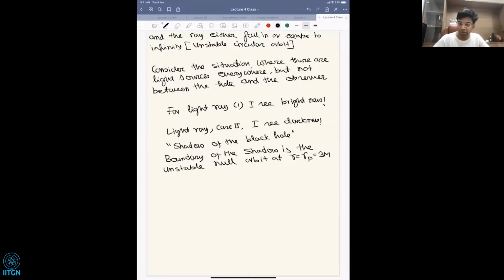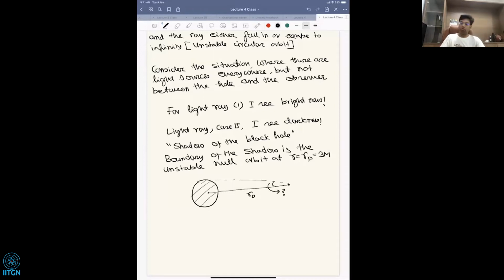What we want to do is find the angular diameter of this shadow at R naught. So suppose the question I want to ask is: here is the shadow. This is what I will see, but it will subtend an angular diameter here. This is R naught. So I want to know this angular diameter. What is this?